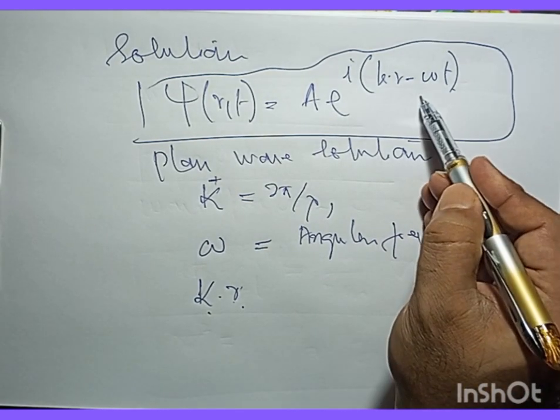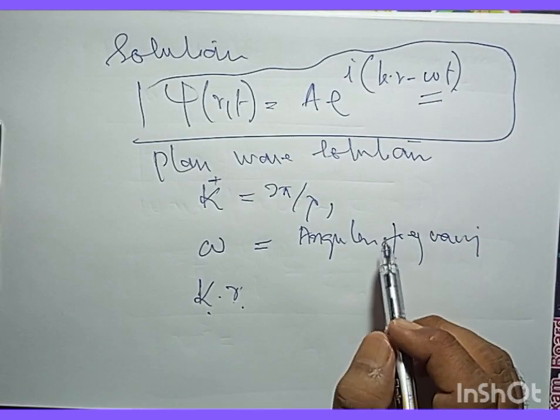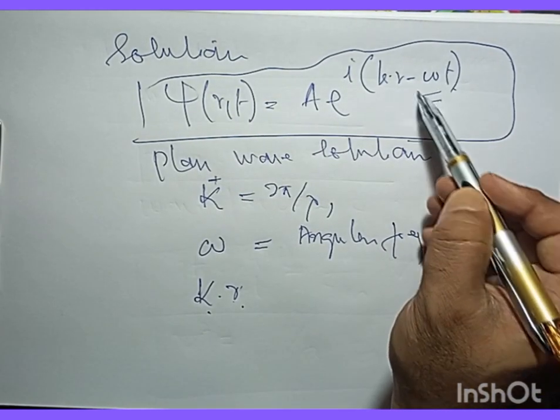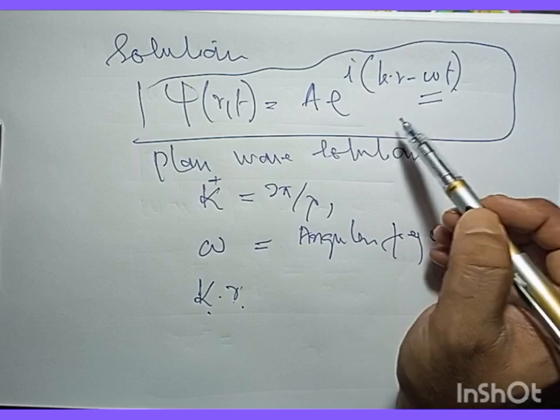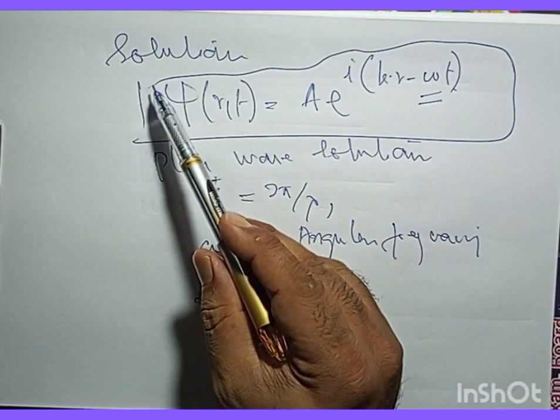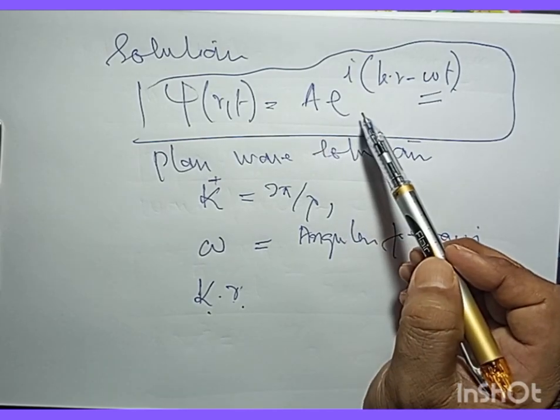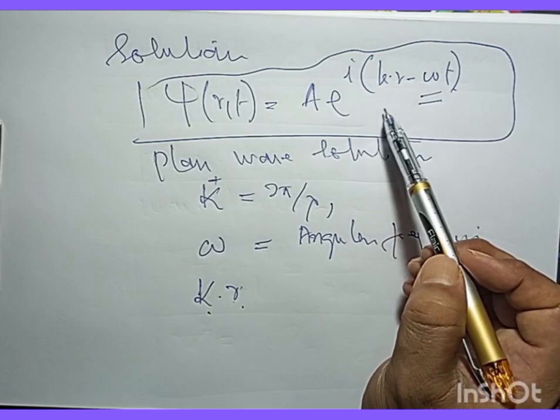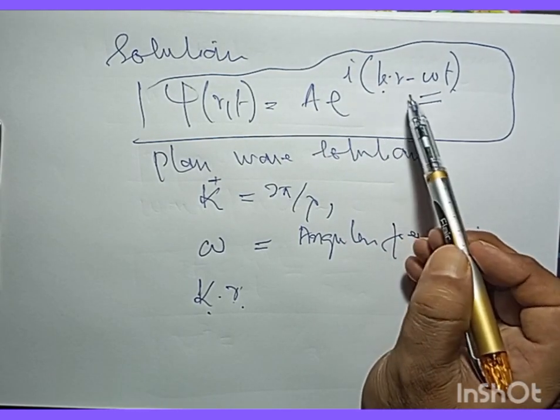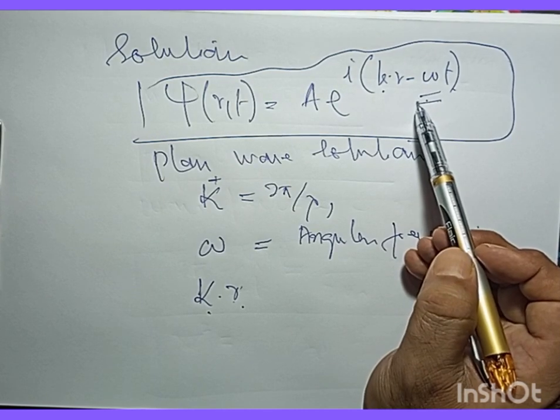And omega t is the term involving time. So the solution for the plane wave is composed of the normalization constant and an exponential function, which depends on the propagation vector and the angular frequency of this particle.